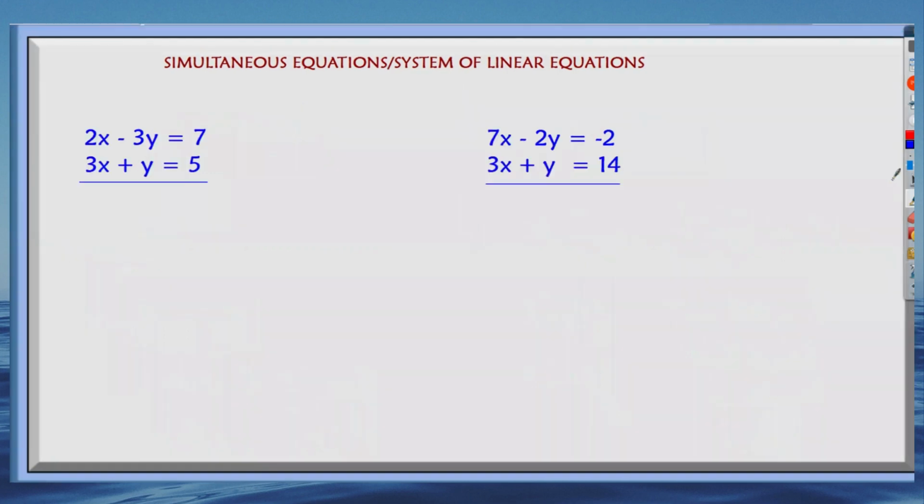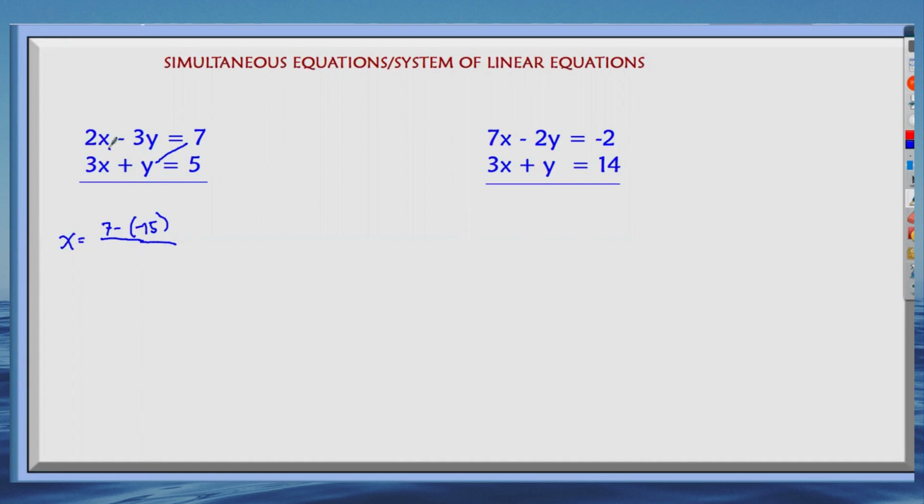Next number. How about if we have 2x minus 3y is equal to 7 and 3x plus y is equal to 5? Same process. This will be our reference term. So let's multiply this. 1 times 7, it's 7. Negative 3 times 5, we have negative 15, right? But we have minus, so that will become positive. But anyway, I will just write negative 15 there first.